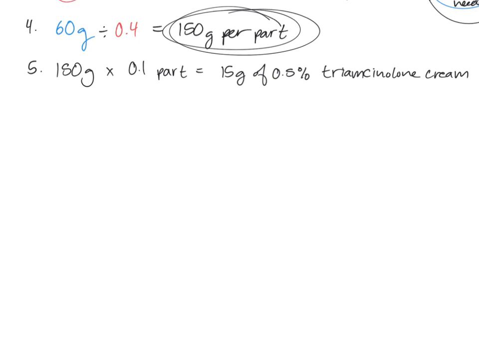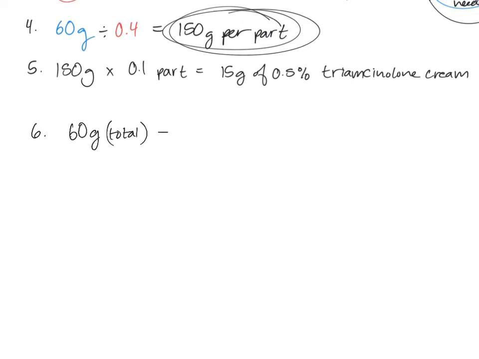And then step 6, we're going to subtract the amount of the more concentrated stock product, which we got from step 5, from the total amount of product needed. Let's go ahead and do that subtraction. For step 6, we know we want a total of 60 grams. That's my total.